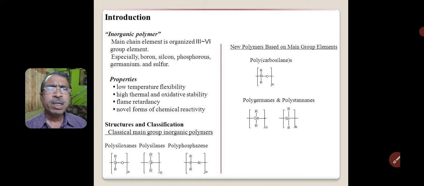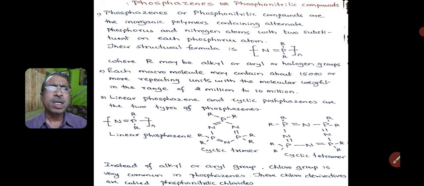We have studied the silicon polymers, and today let us take another class of polymers known as phosphazenes, or phosphonitrile compounds.